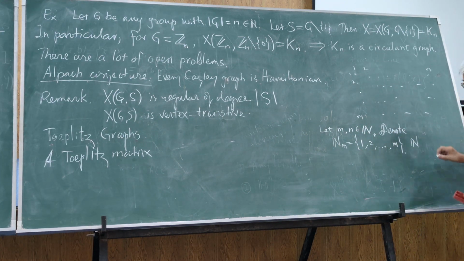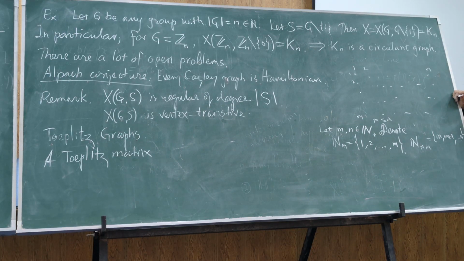And another notation: M to n, if you assume that m is at most n. In that one, we start from m and end at n. So we are defining segments of the ordered set of natural numbers, just giving some short notation for the segments instead of copying this every time.